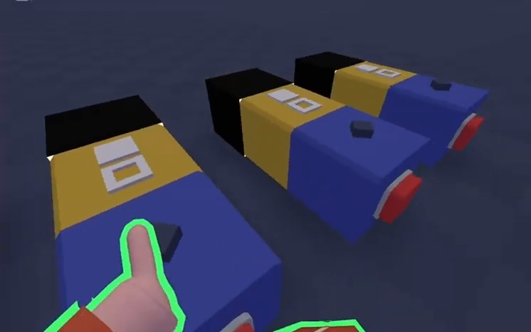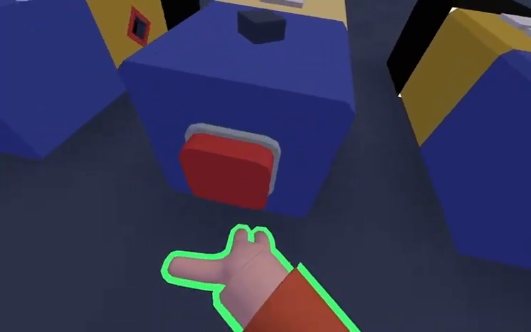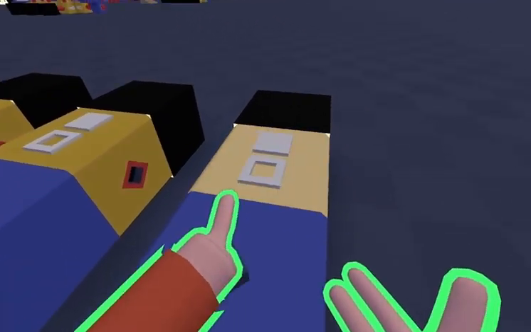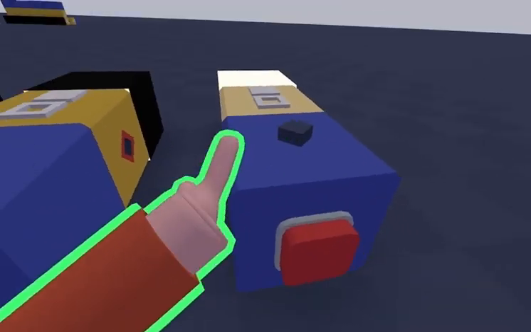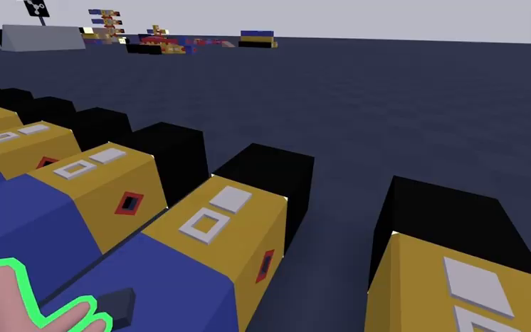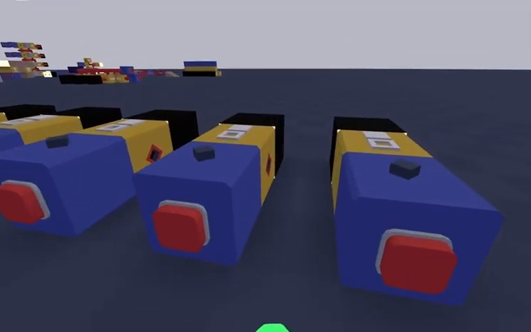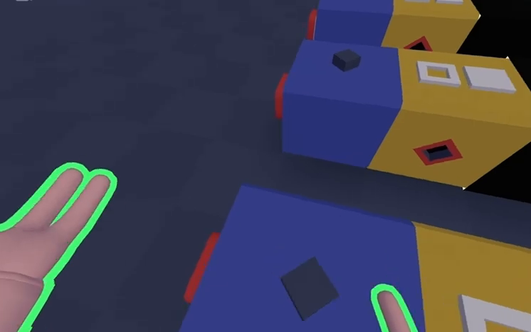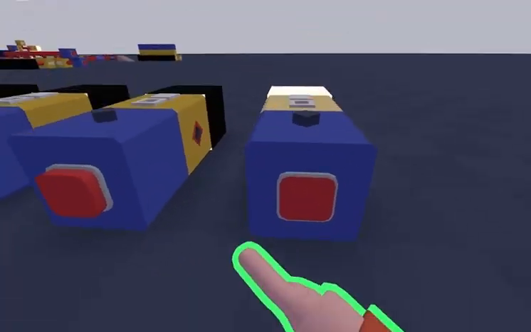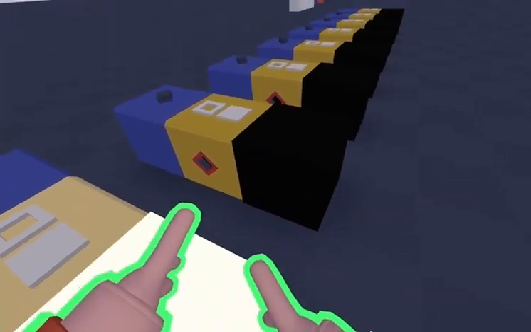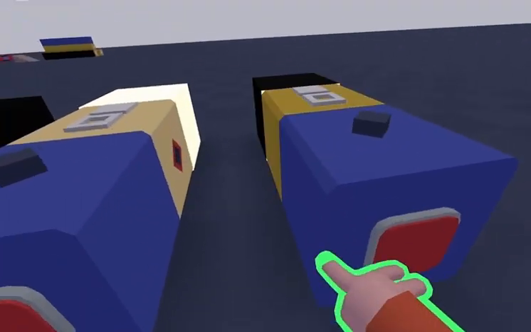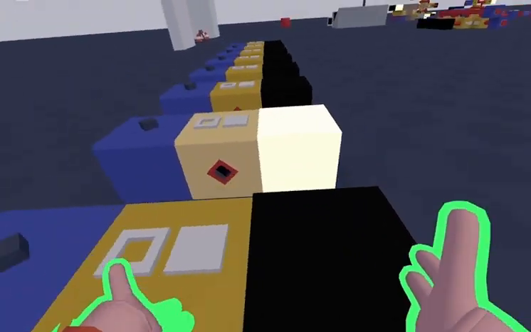The next part is bit shifting. I'm gonna go over this briefly because we won't need this until like the 3rd or 4th episode. So let me explain it to you. So when you shift to the left, you multiply by 2, and when you shift to the right, you divide by 2. So let me show you. So here we have 1, and if we shift it 1 to the left, so we transition this signal over to here, it becomes 2, which is 2 times more than 1.